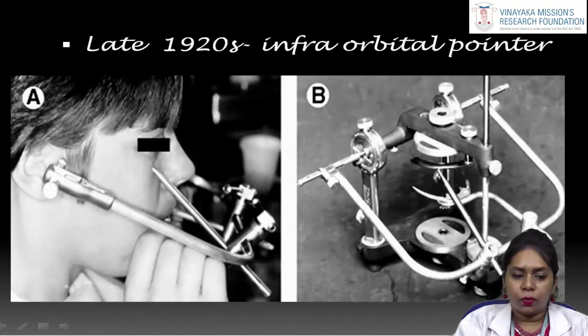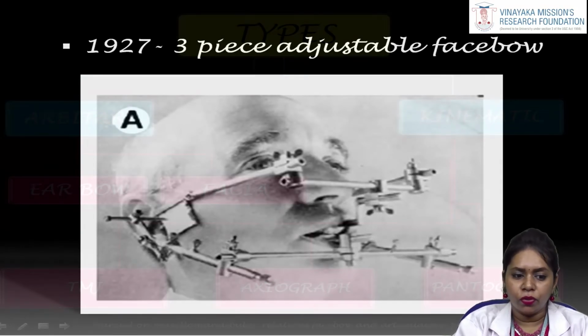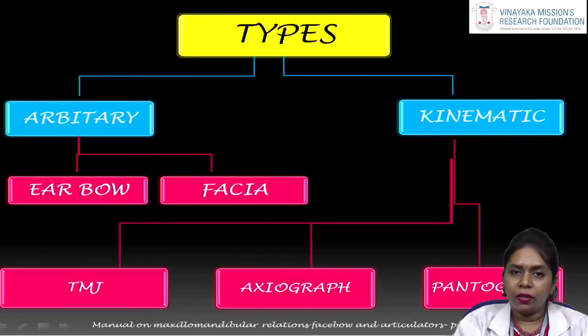In the late 1920s, another third point of reference, the infraorbital pointer, was introduced. Although the origin of this is unknown, it was immediately adopted by the Hanau and the Dentatus companies. In 1927, 3-piece adjustable facebows were introduced. Now let's see what the different types of facebows available are.